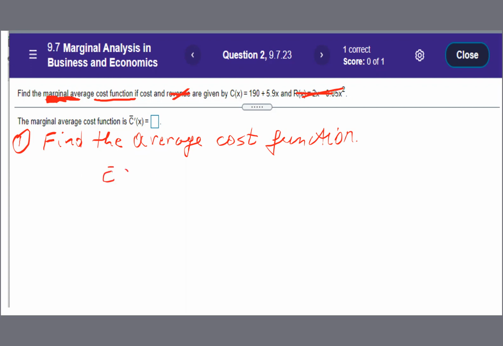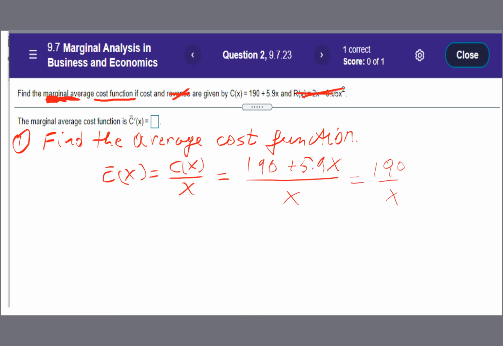C bar of x is C of x over x, and that is 190 plus 5.9x over x, and we simplify that to 190 over x plus 5.9. On the second step, we want to find the marginal average cost.